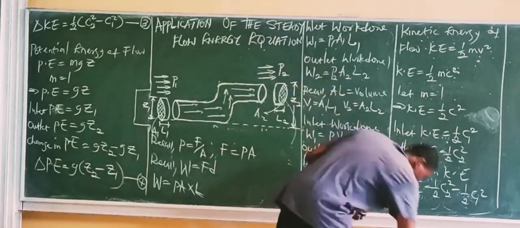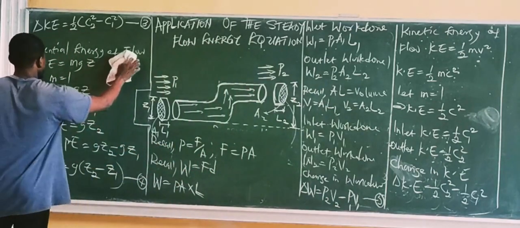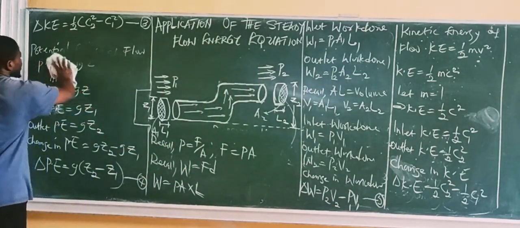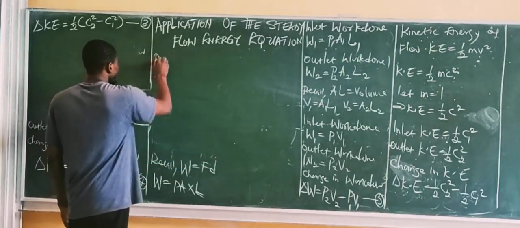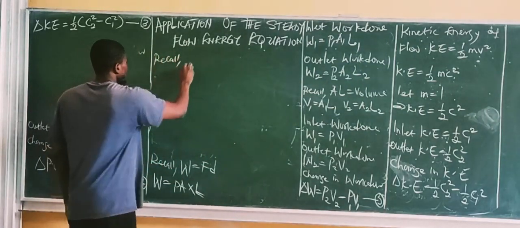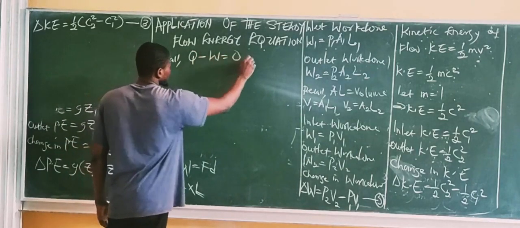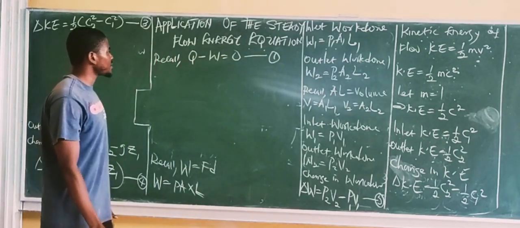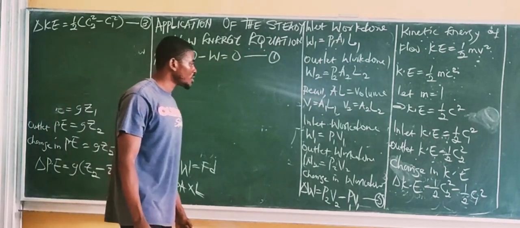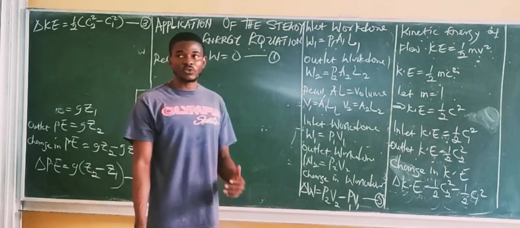Now you can see from here. Recall that equation 1 was the law of energy balance, Q minus W is equal to, so this is equation 1. I'm simply saying add equations 2, 3, 4, 5 to the right hand side of equation 1.